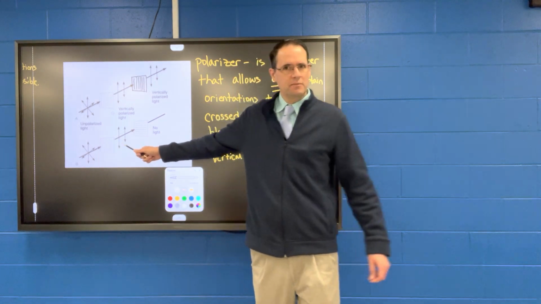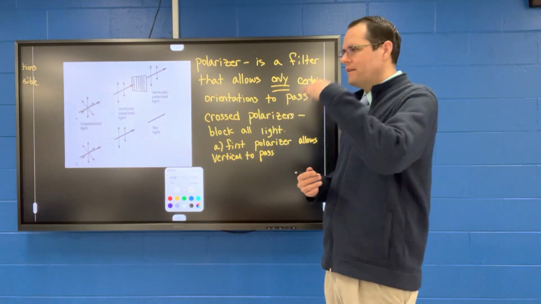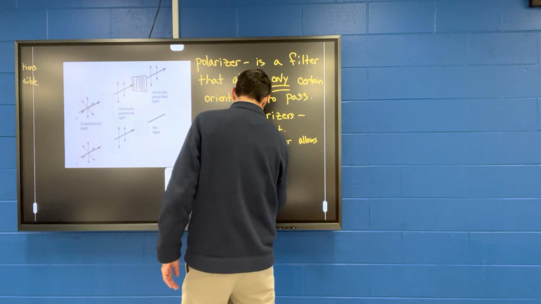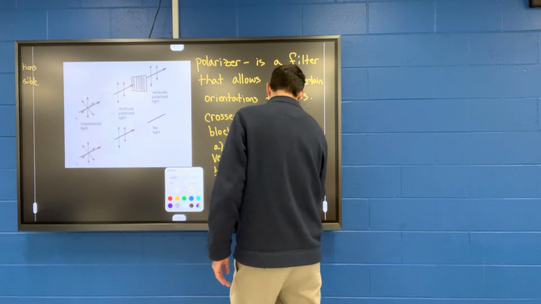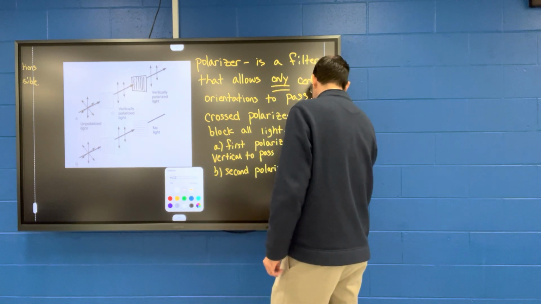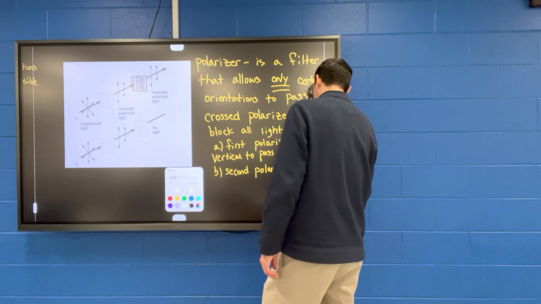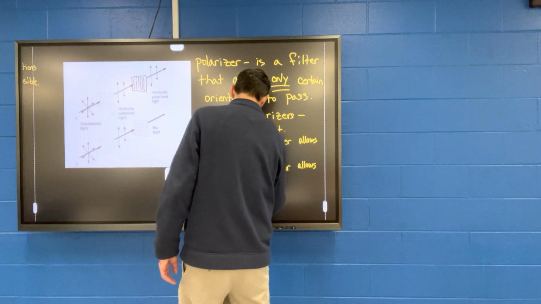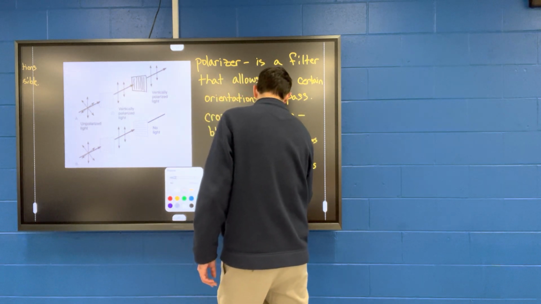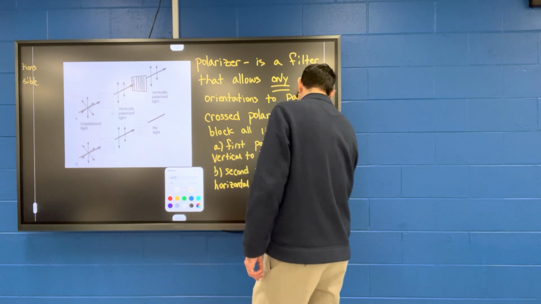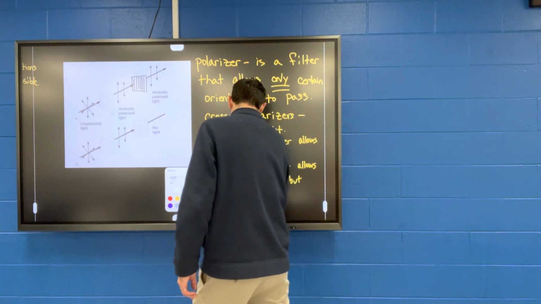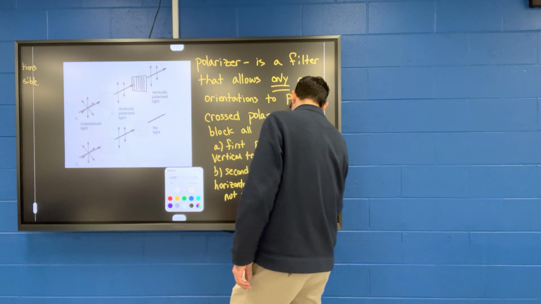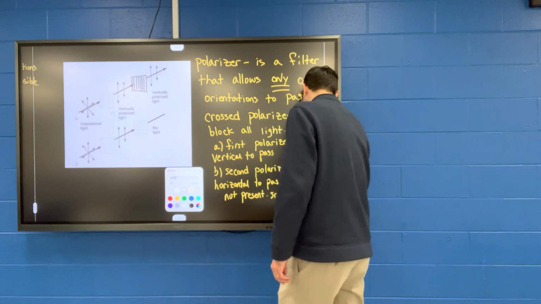So that's why you do have vertically polarized light in the middle, and then the next polarizer blocks everything. It allows horizontal light to pass, but since it's already been blocked, there is no light that's horizontal. So I'm just going to say it's black.